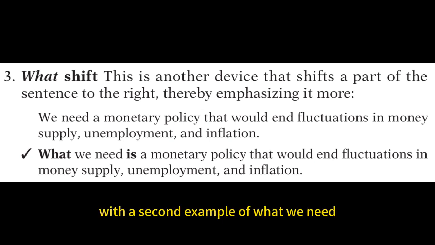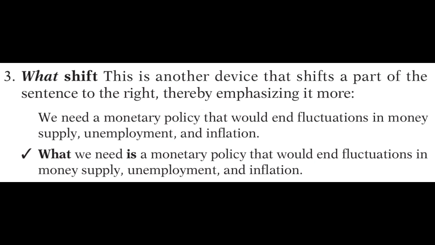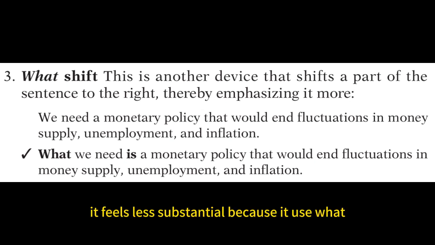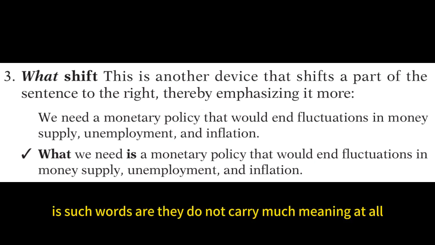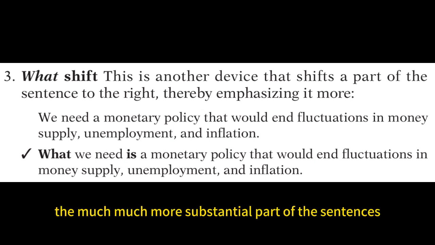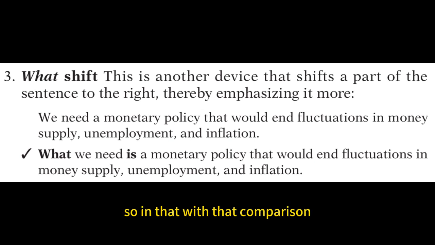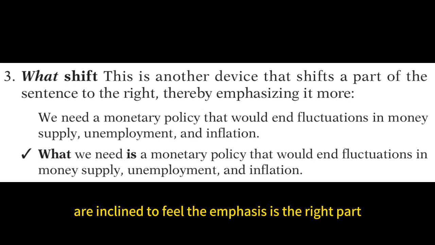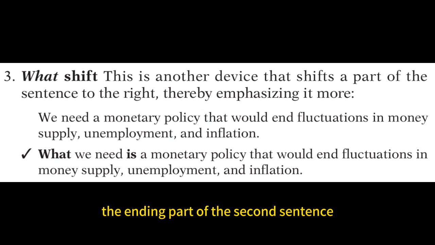But with the second example, what we need feels less substantial because it uses what is. Such words do not carry much meaning at all. So in comparison, this what part is juxtaposed with the latter part, the much more substantial part of the sentence. So with that comparison, we are inclined to feel the emphasis is on the right part, the ending part of the second sentence. This is the best explanation I can give, and you are welcome to offer yours.